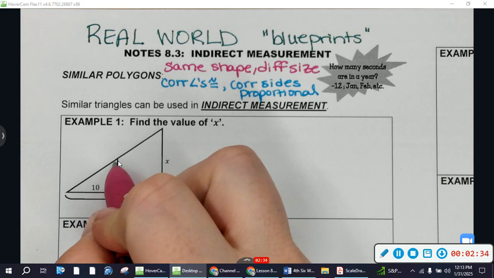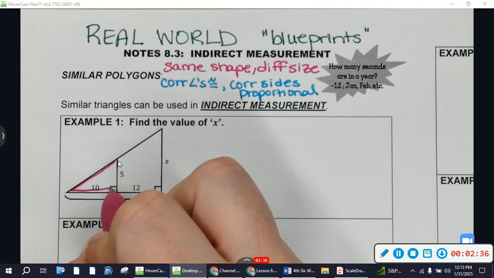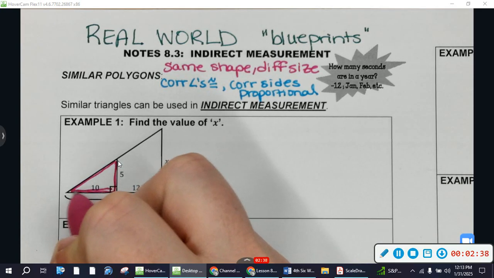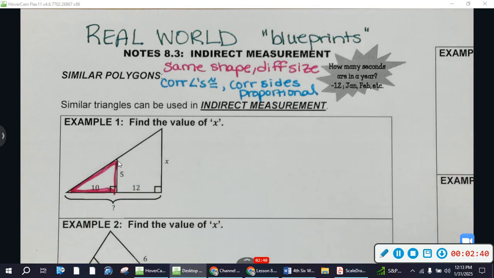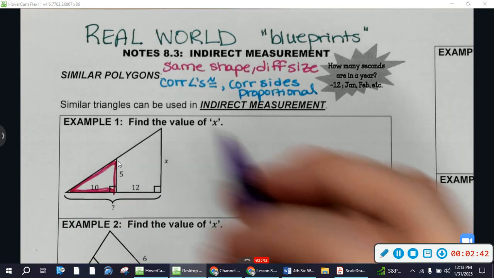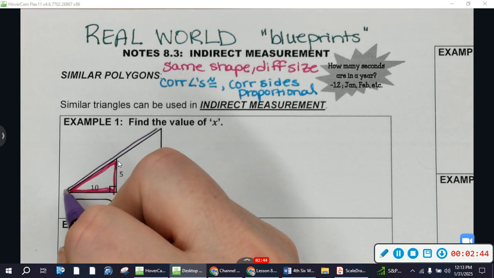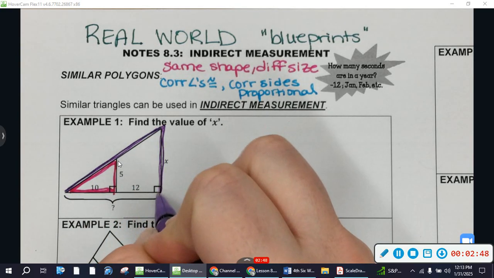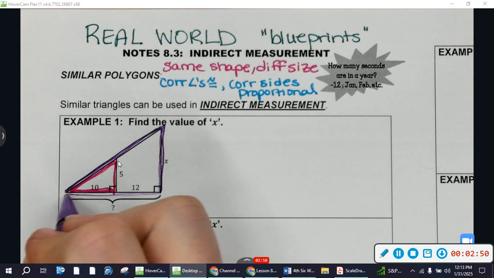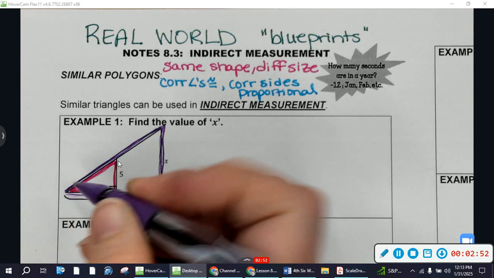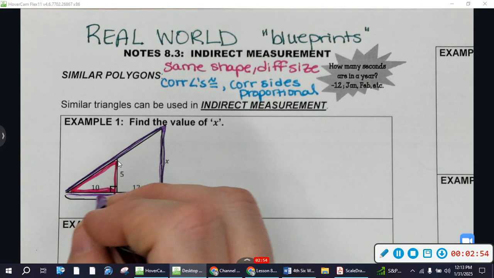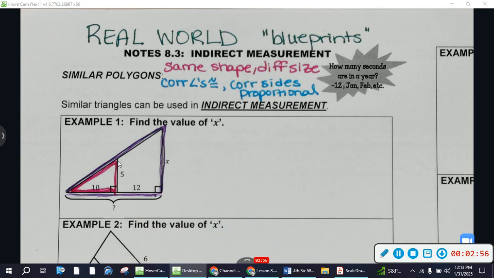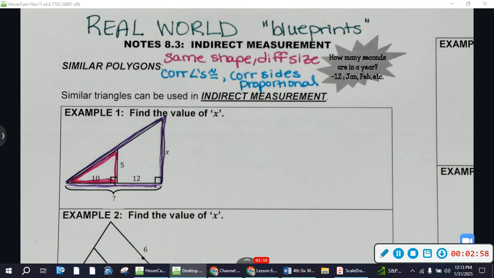So on here we've got a small triangle inside of a larger triangle. And we're going to solve for some missing parts. So I want to set these up in corresponding orders.